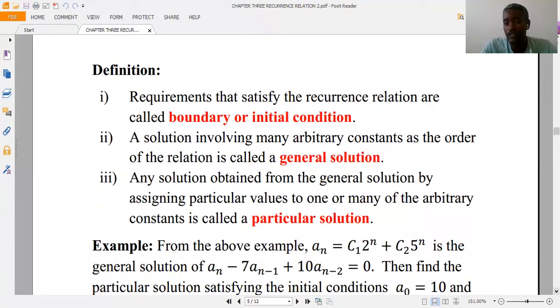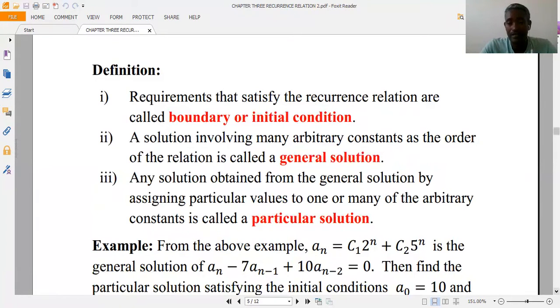If the order is 1, the solution will have 1 arbitrary constant. If the order is 3, then the solution will have 3 arbitrary constants.